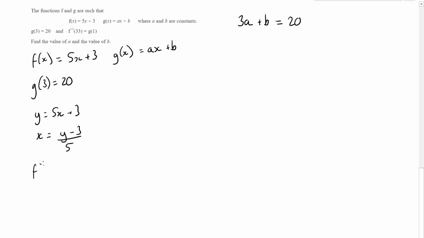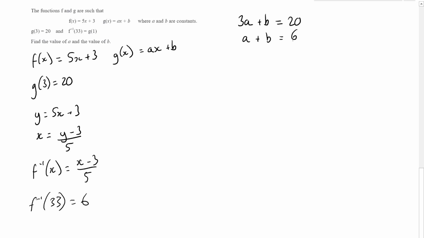Therefore, f to the minus 1 of x is equal to x minus 3 over 5. Where f to the minus 1 of 33 is going to become 33 minus 3, so 30 divided by 5 gives us 6, which means that g of 1 is equal to 6. And if I put x equals 1 into this, this becomes a plus b is equal to 6.